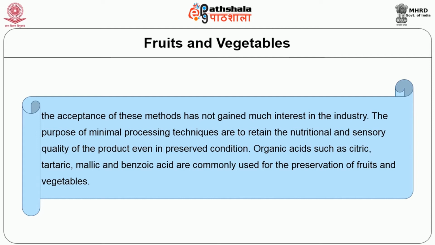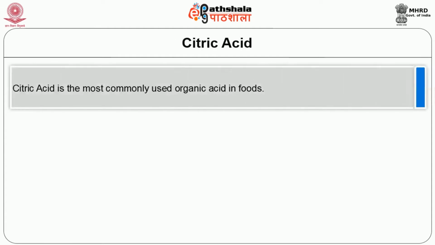The purpose of minimal processing techniques is to retain the nutritional and sensory quality of the product even in preserved condition. Organic acids such as citric, tartaric, malic and benzoic acid are commonly used for the preservation of fruits and vegetables. Citric acid is the most commonly used organic acid in the food industry.